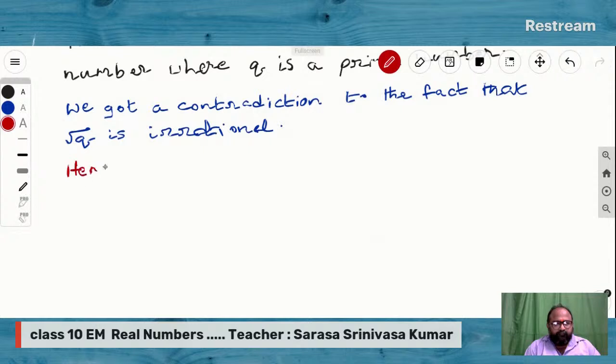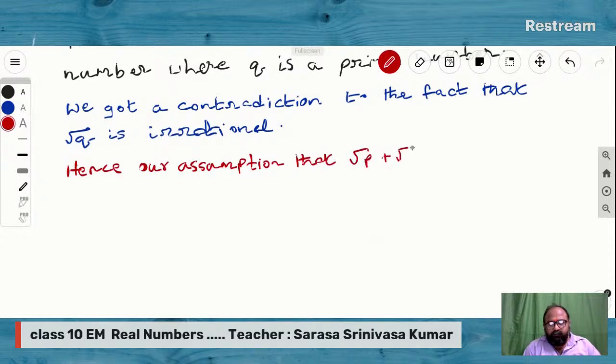Hence, our assumption that square root of p plus square root of q is a rational number is wrong.